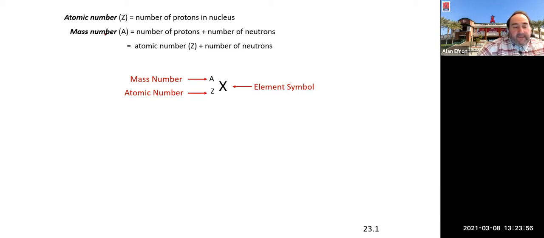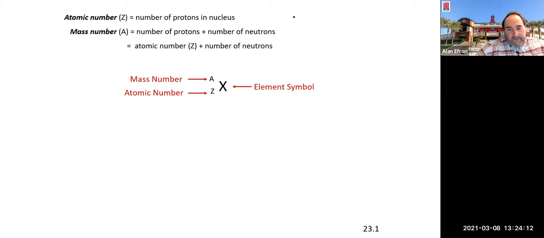If it is a neutral atom, it will also tell you the number of electrons. But a reminder that if you're asked for the definition of atomic number, it is just the number of protons, not the electrons.